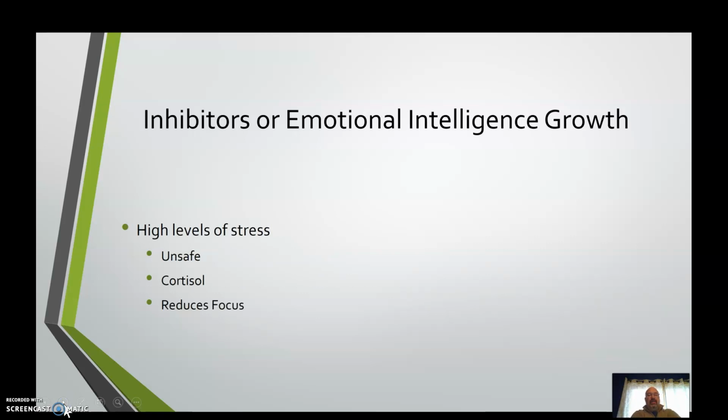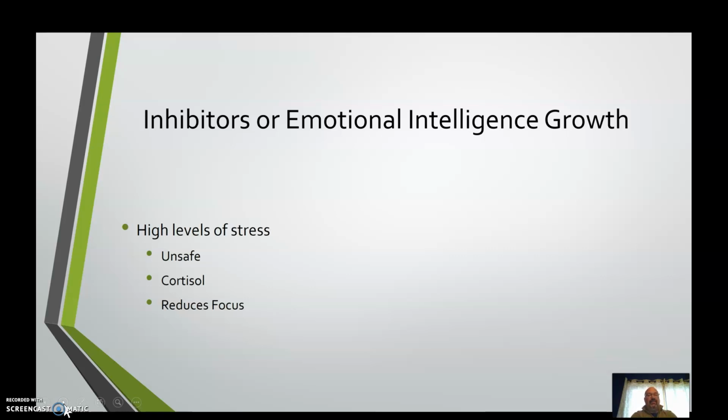So some of the inhibitors, the things that actually put the brakes on that neurogenesis and the growth, as discussed by Richard Davidson in that same video, The Heart-Brain Connection. Increased levels of cortisol.